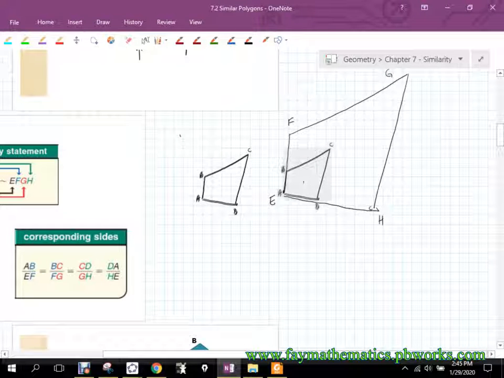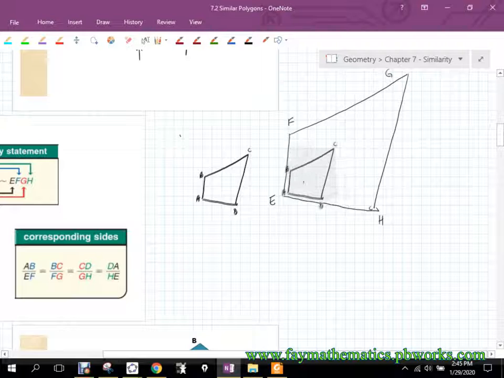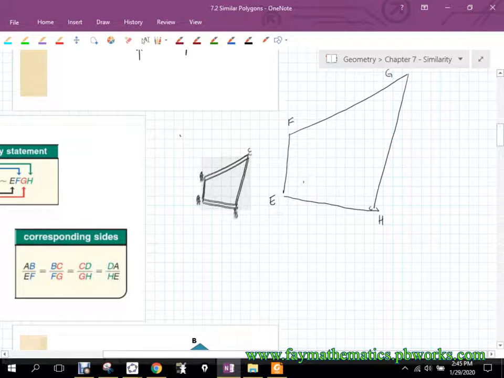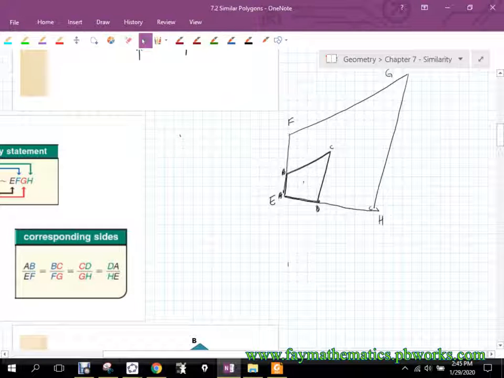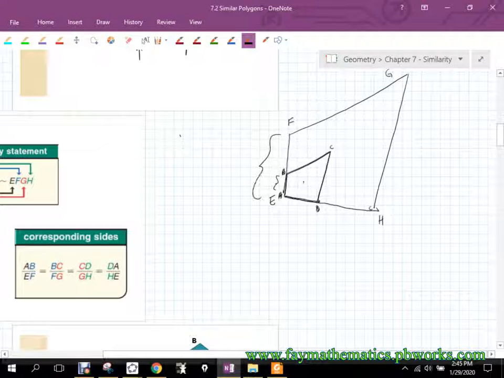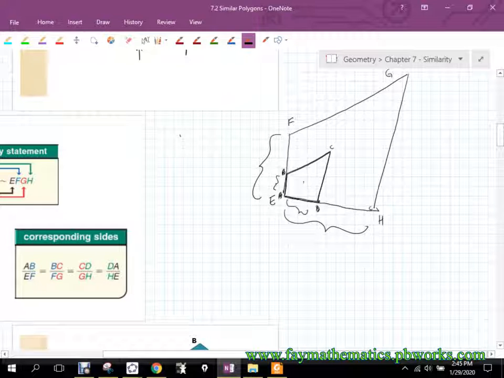E to H is not the same thing as A to D. However, when I compare this segment here, A to B, to that segment there, whatever that ratio is, should be identical to that ratio. Does that make sense? Which should be identical to that ratio.